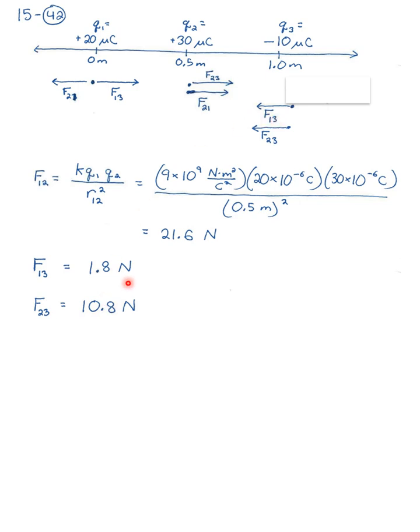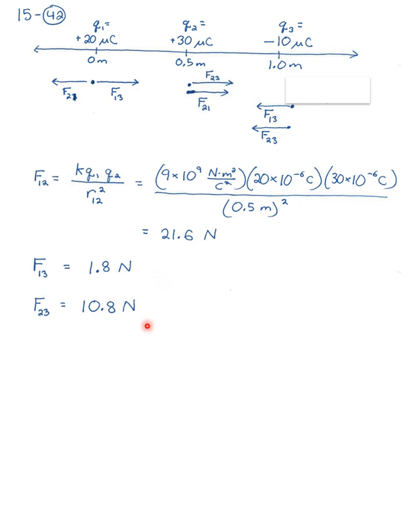Now, if you plug in those charges exactly, you should be getting a negative sign, but we don't want that. When we apply Coulomb's law, we're actually going to plug in the absolute values of the charges. So even though up here I just wrote Q1, Q2, we always plug in just the absolute values. We're always going to get a positive number. So 1.8 newtons is what you should get.